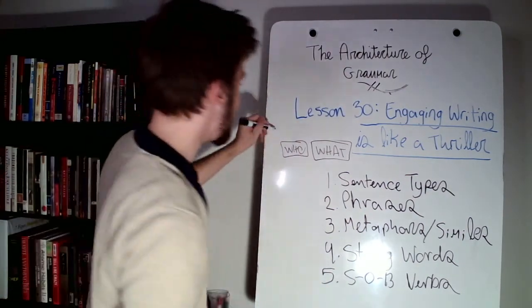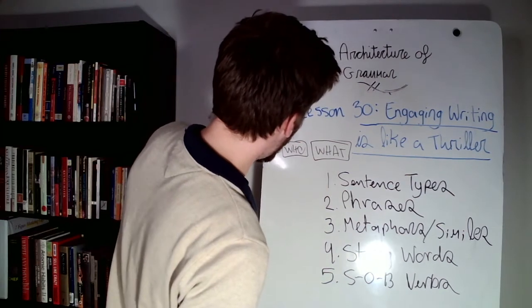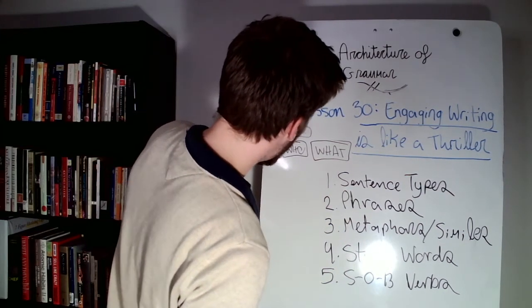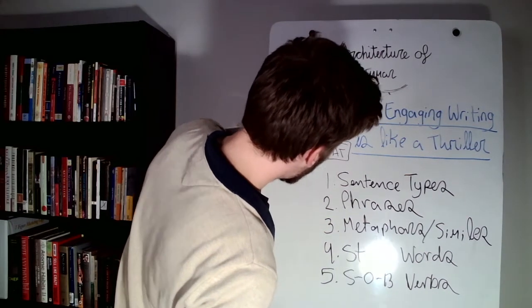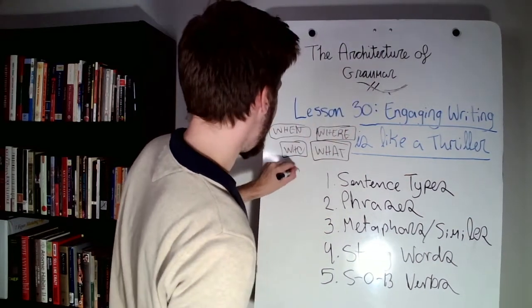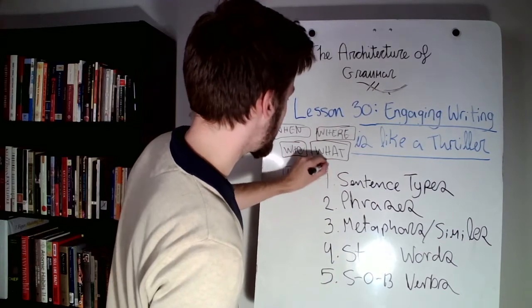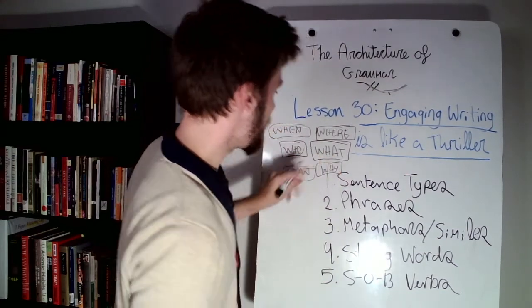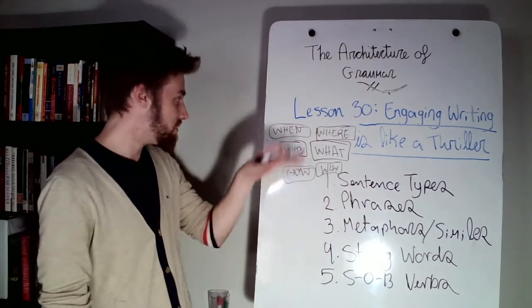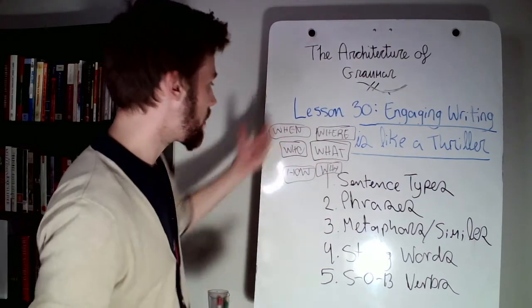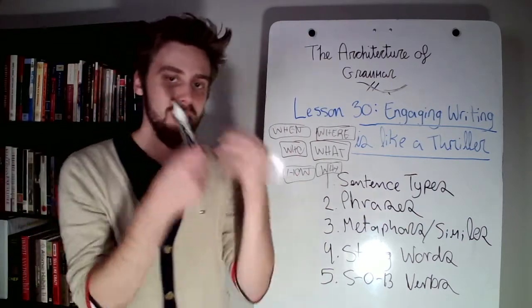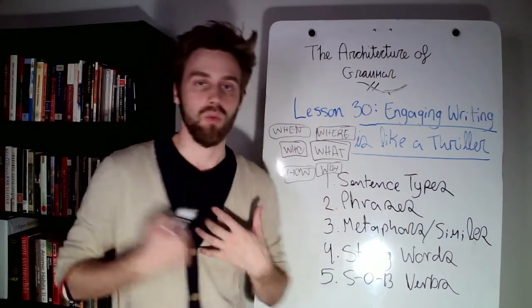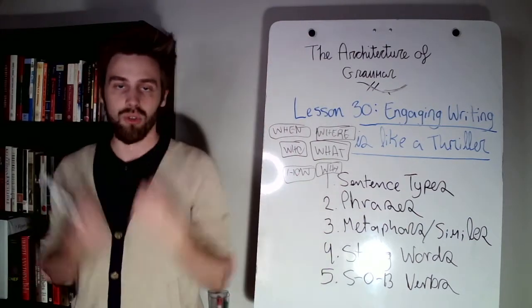Most of the time we have a when, a where, how, right? It could be any or every of these, but we have more than the who and the what. So using phrases and using them creatively is what makes your writing more rich, more interesting.